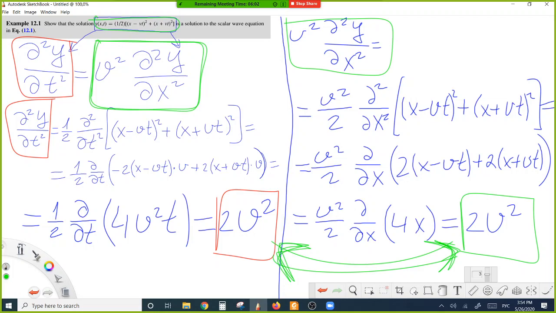This is a very short introduction to waves and to the wave equation. In the next lessons, we will go deeper into the electromagnetic wave equations and their solutions.